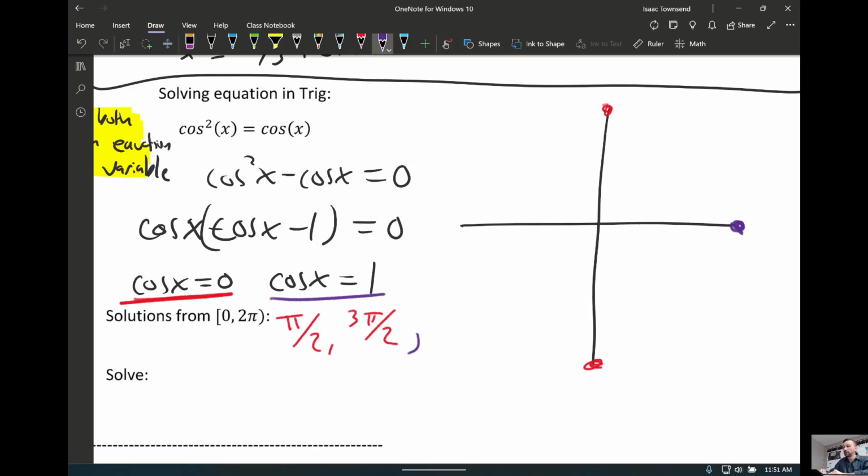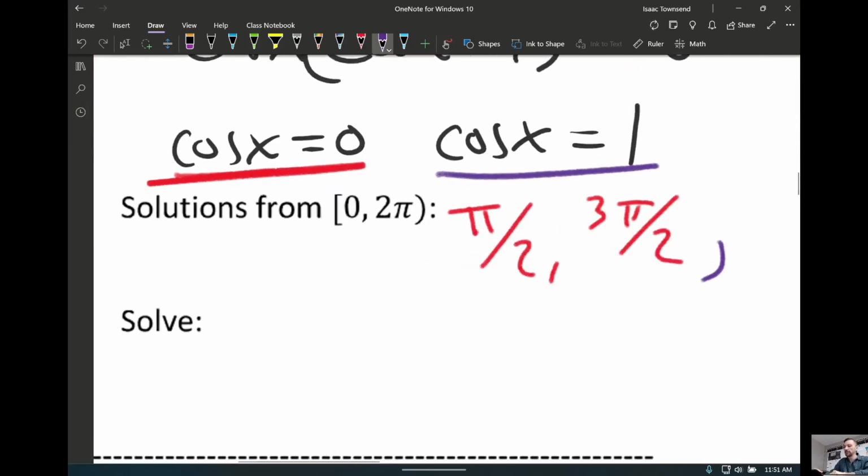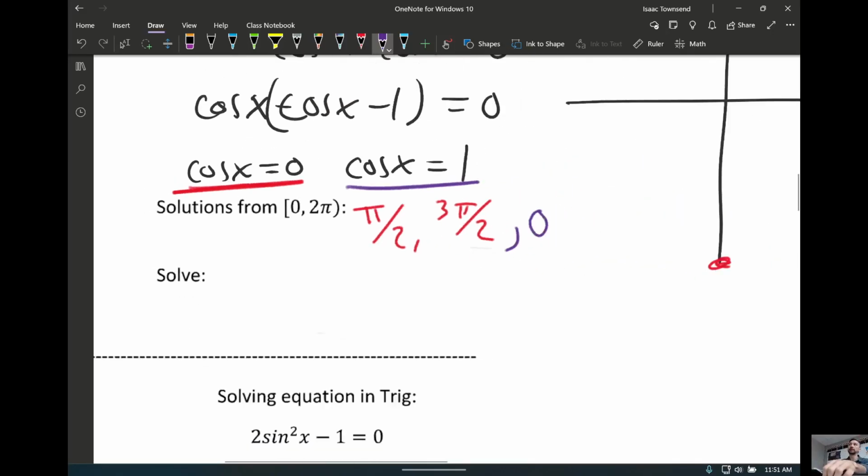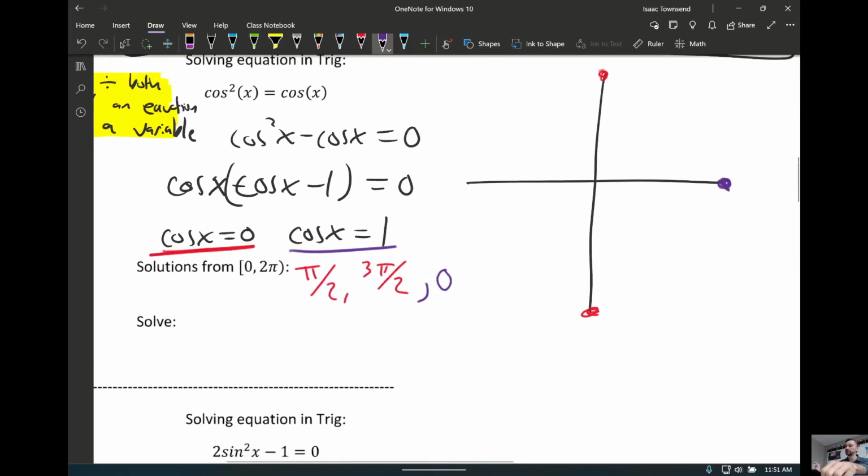Very good. You got to pay really close to these directions here. The reason why there's a bracket on 0 is it's saying include 0, but the parenthesis on 2 pi means you don't include 2 pi. So basically, don't call that angle 2 pi because we're not going up to 2 pi. We're going up to it, but not including it. But you can include 0. So it is important that you name that based on the directions.